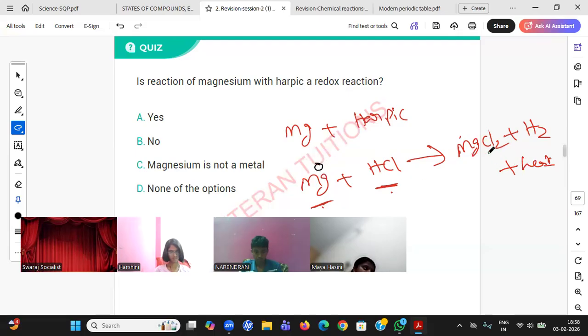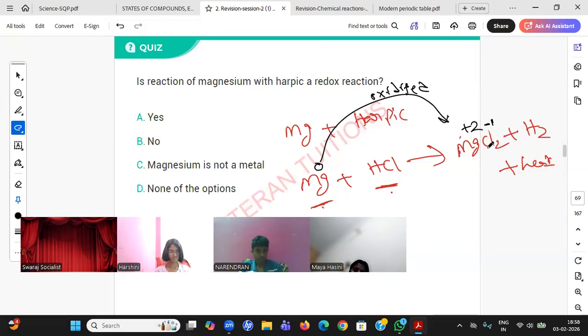But when you look here, Cl is -1, Mg is +2. 0 to +2, oxidation state has changed. What is this? Loss of electrons. Oxidation. And what else, student? Chlorine is -1. Hydrogen.